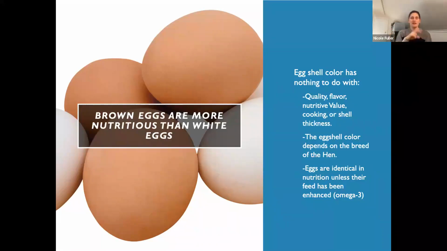The white eggs and brown eggs are pretty much identical in nutrition unless their feed has been enhanced. Some eggs, they say high in omega-3s, their feed has been enhanced with some kind of omega-3 to make it have more omega-3s in it.